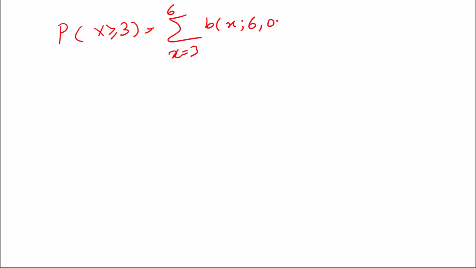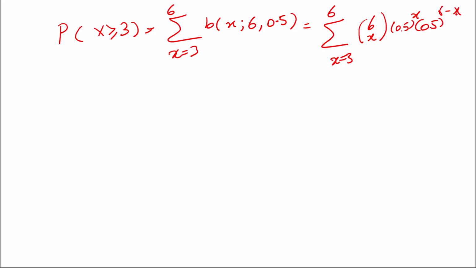Right, the probability that 3 or more prefer S. So we write probability of x greater than or equal to 3 is equal to sum of x is equal to 3 up to 6 binomial of x; 6 and 0.5, which is equal to sum of x is equal to 3 to 6, combination of 6 and x, 0.5 in power of x, 0.5 in power of 6 minus x, right?